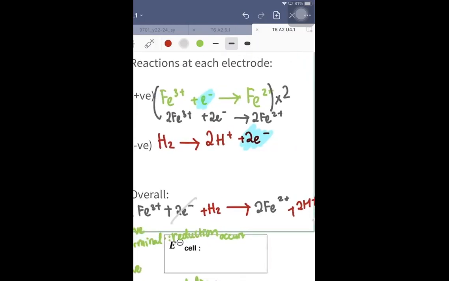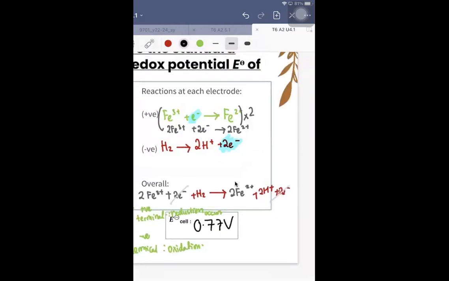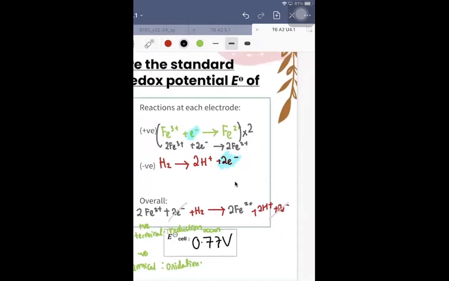The E cell for this, as shown in the voltmeter, is 0.77 volts. Okay, so I know this is a lot of things, but I hope you can at least get something out of it, because you need this to develop the next theories that are coming in the next few lessons.